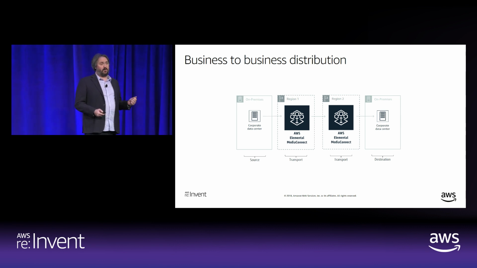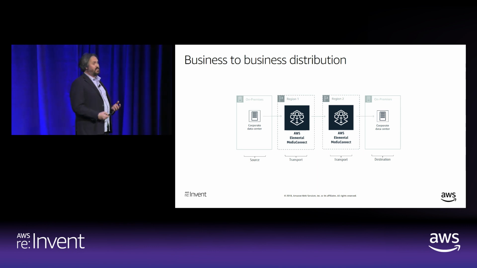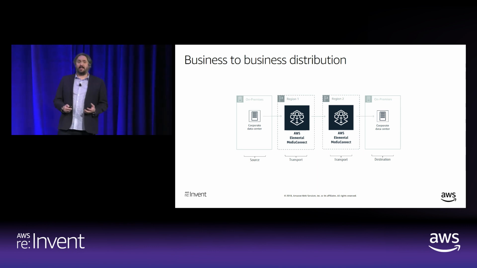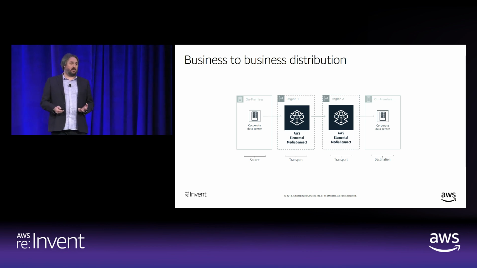And you've got a high-quality, reliable, secure transport stream being delivered from one region to the other in a few clicks. And that's quite a powerful concept when you think about what you need to do today to make that same thing happen with existing technologies. So this really talks to the kind of agility and the flexibility that we build into all of our services, but particularly in this case with MediaConnect.